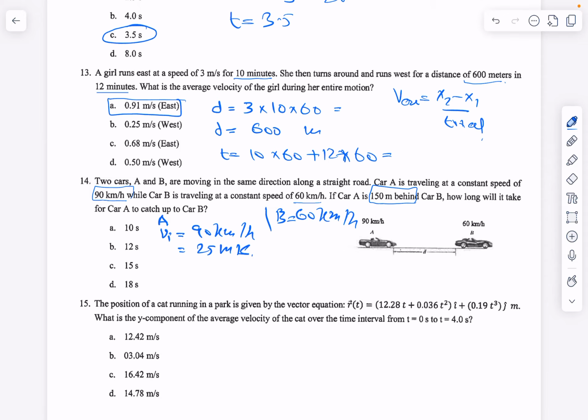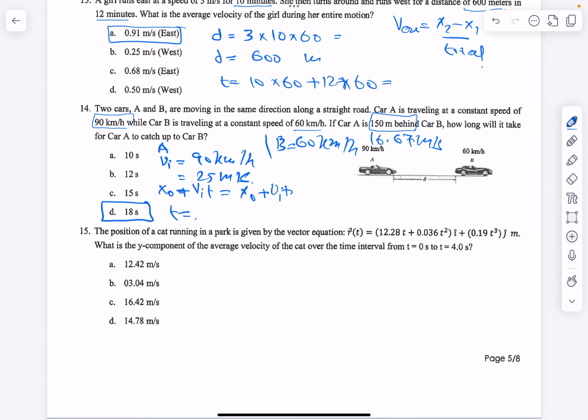To convert it, we can convert it into meters per second, which is 16.67 meters per second. So at what point will these two be equal? So we compare their final positions and then calculate the time. So you will get 18 seconds.